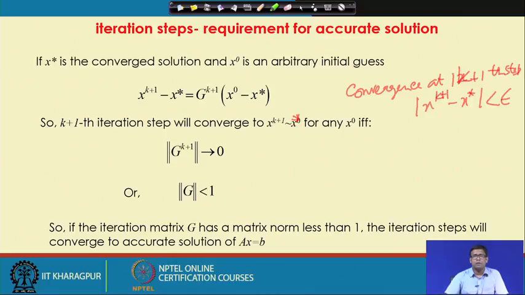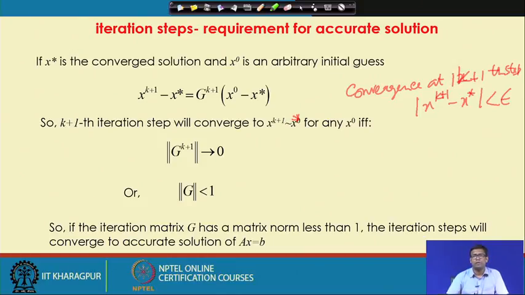Now, in the next session we will further check what happens to x_(k+1) minus x_k, because we are saying that x_(k+1) and x_k will be practically the same at the convergence step. Under which condition this happens, and what are the implications of this condition, that the matrix norm of G is less than 1, how is it important while we look into the property of the matrix A, or what should be the properties of the matrix A for which we get the norm of G less than 1.